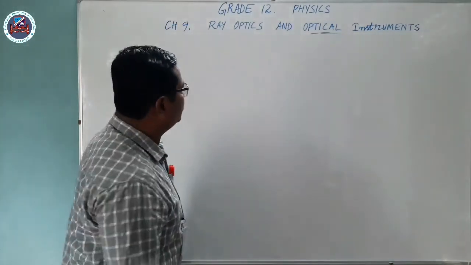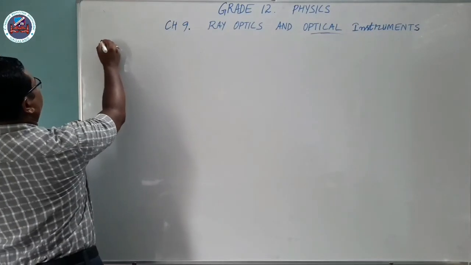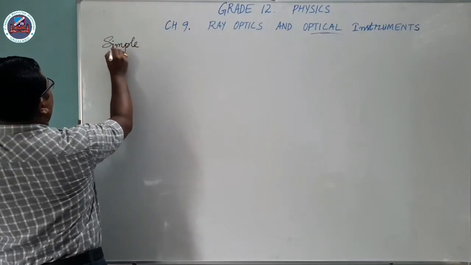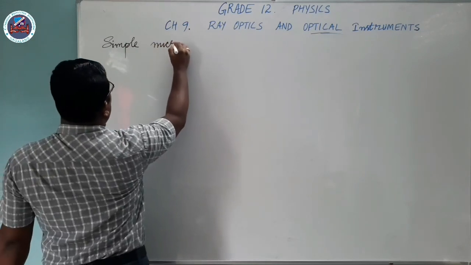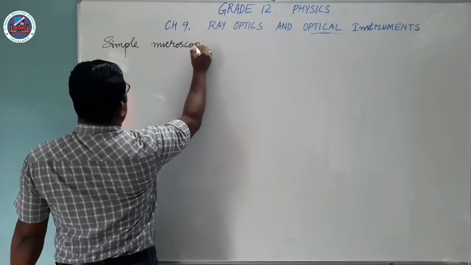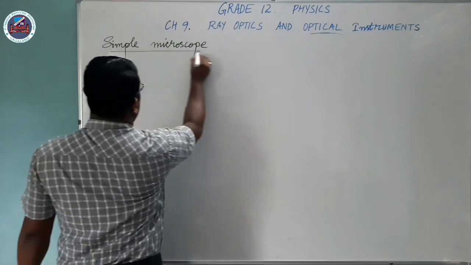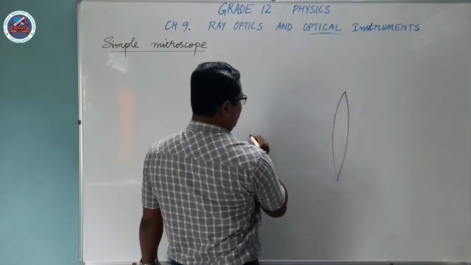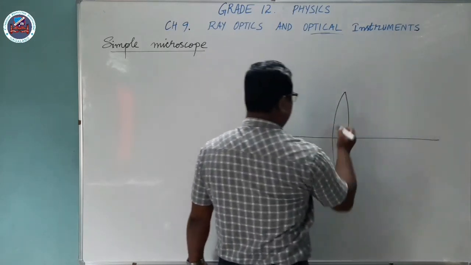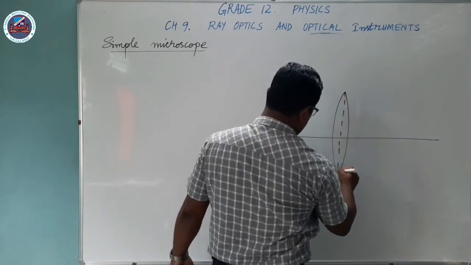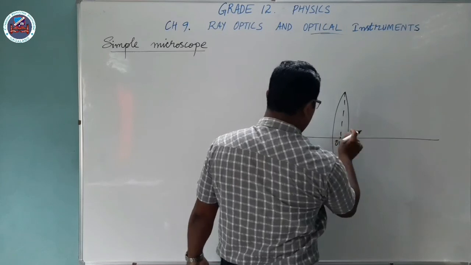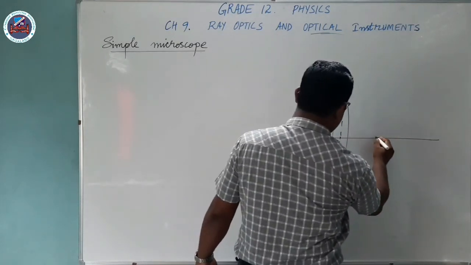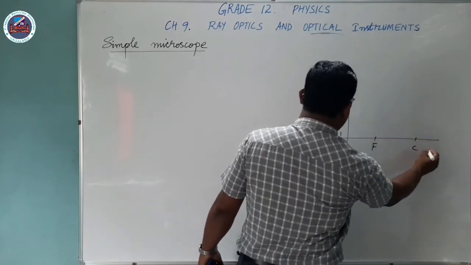Let us see first the simple microscope. This is a single biconvex lens. This is your principal axis, and as you know, in the case of a lens, two spherical surfaces are there, so there will be two focus and two centers of curvature.